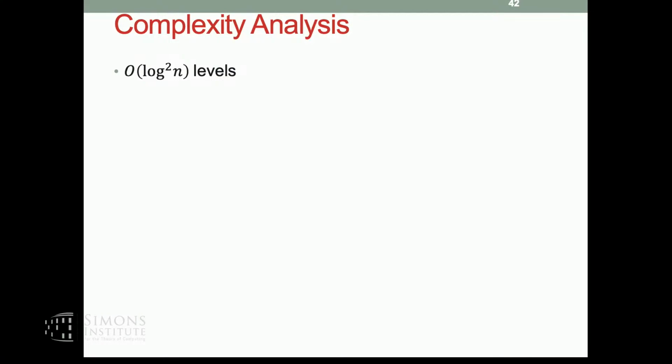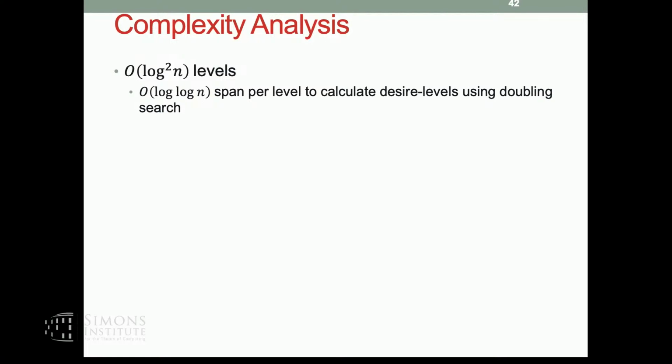So the data structure has order log squared n number of levels. And recall that in our batch deletion algorithm, we need to compute these desired levels, which is the closest level below it that satisfies the lower bound invariant. So we basically use a doubling search here. We check one level below, 2, 4, 8, and so on until we get to a level that does satisfy the lower bound invariant, and then we do a binary search within the last interval.